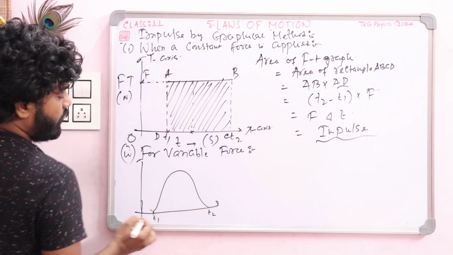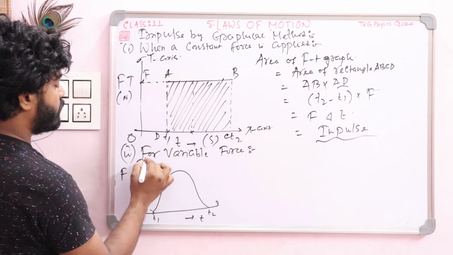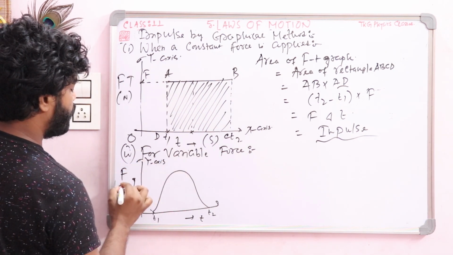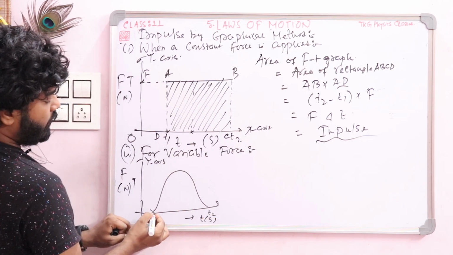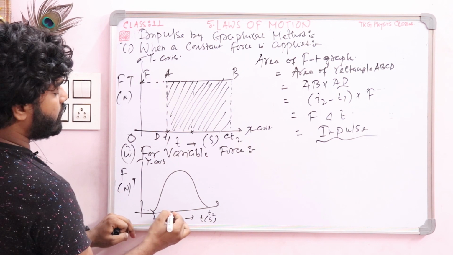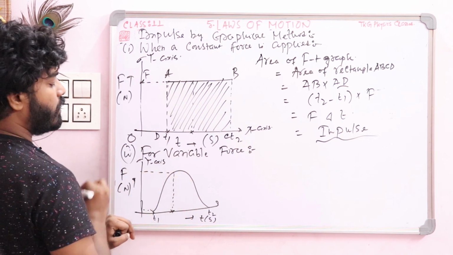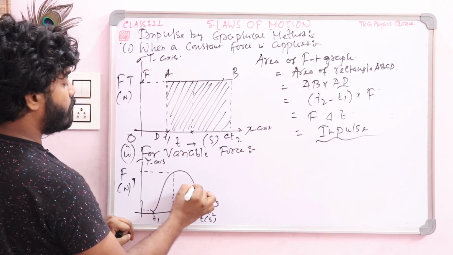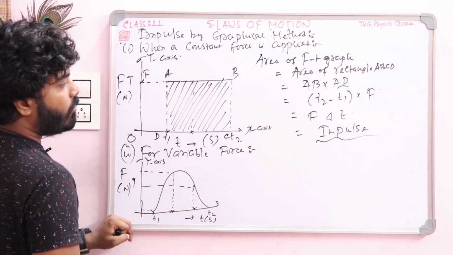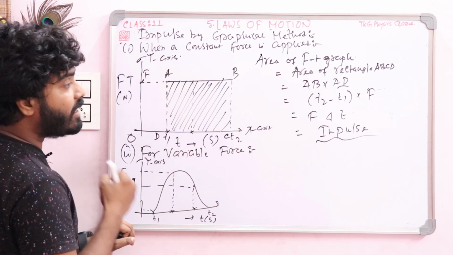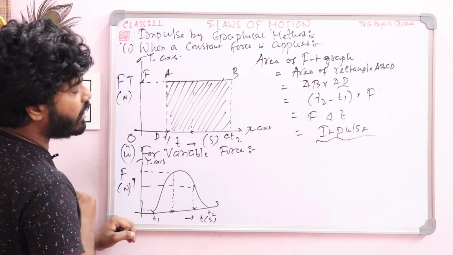This is the time axis, and the y axis represents force, in Newton, and this is in seconds. Now at time t1 the force is this one. As time increases, the magnitude of the force also changes. At that time the magnitude of the force decreases. So with the passage of time the magnitude of the force varies here. So the question is, how do we find the impulse here?